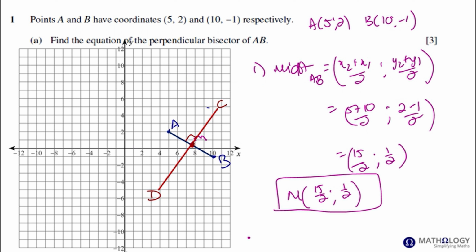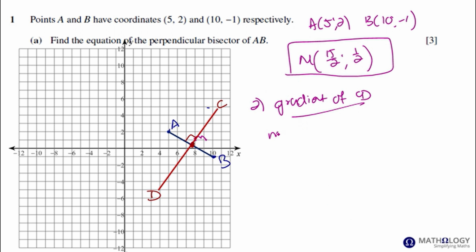So y equals mx plus c. We've got the point that we need, which is point M. We now need to find the gradient of CD. The gradient of AB is (y2 minus y1) over (x2 minus x1).